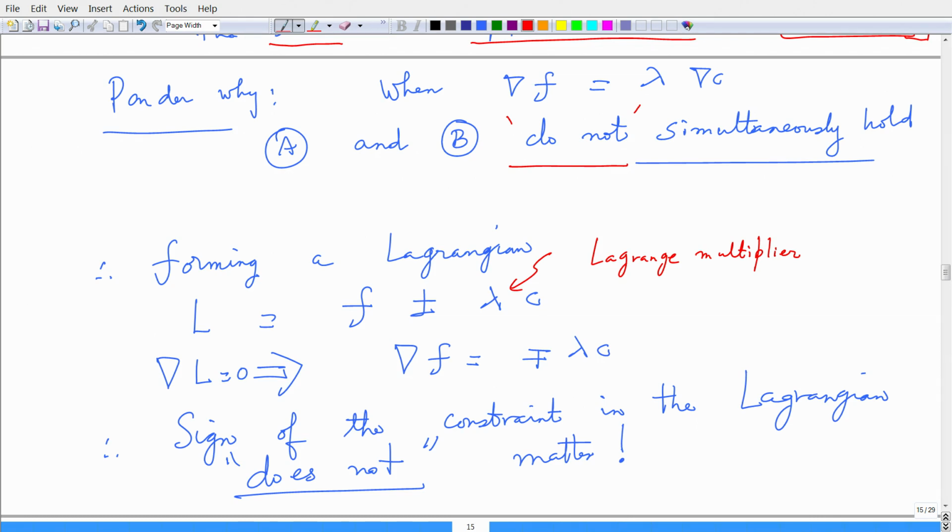What this means is the sign of the constraint in the Lagrangian does not matter. I can put a plus sign or a minus sign, and I have del F equal to minus plus lambda del C. So the sign does not matter.